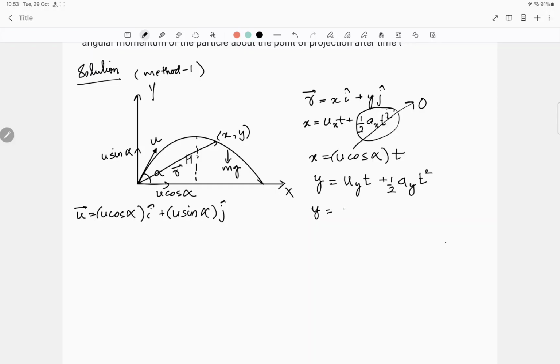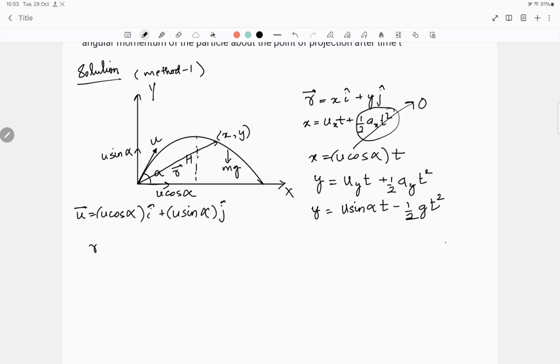y is equal to uy, meaning u sin alpha, into t minus half g t square, because the acceleration is acting downwards, hence the minus sign.